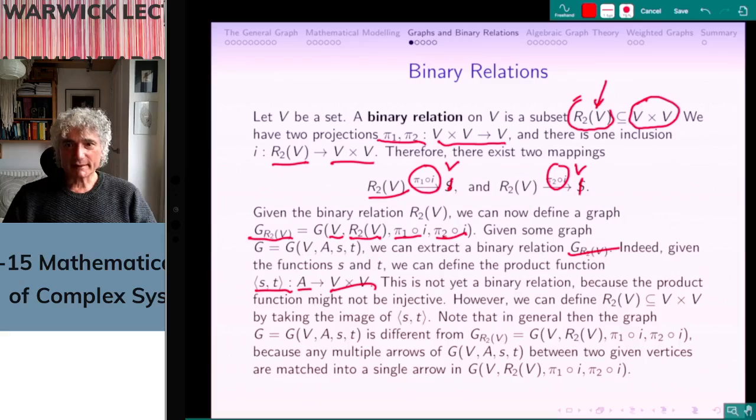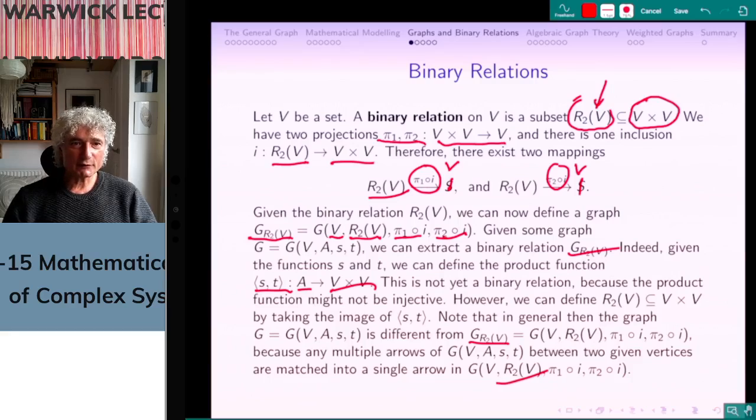However, we can now define the binary relations by taking the image of this mapping ST. Note that in general the graph is then different from the graph based on the binary relations, G R2V, because any multiple arrow of the original graph between two given vertices is now mapped into a single arrow in this graph constructed with the help of the binary relations R2V.